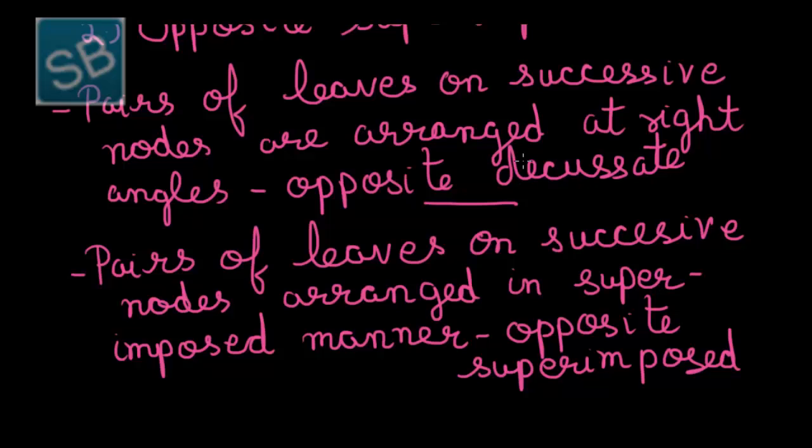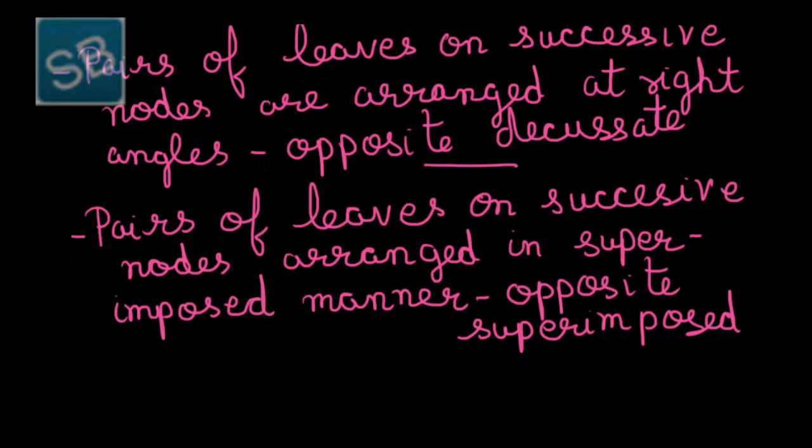For example, in Calotropis, opposite decussate type of phyllotaxy occurs. On the contrary, in Quisqualis, opposite superimposed type of phyllotaxy occurs.